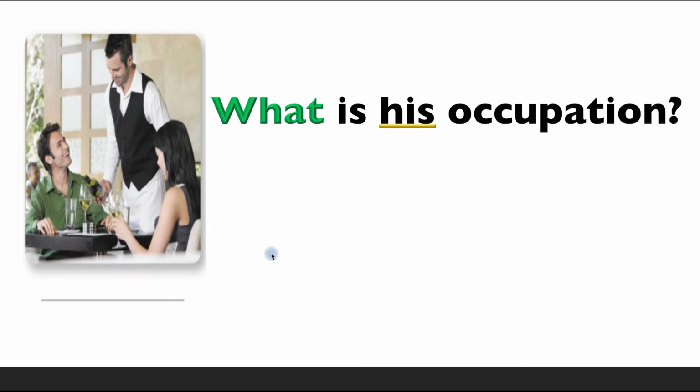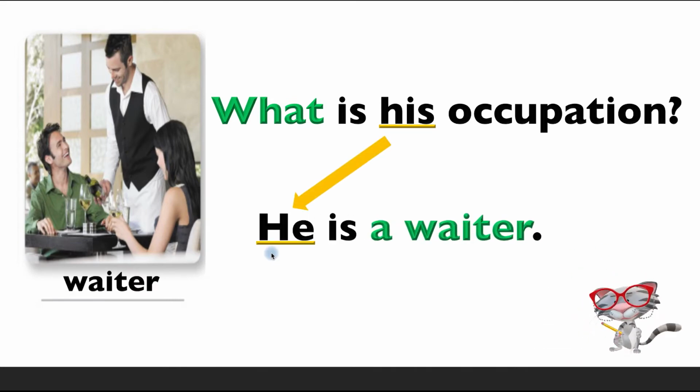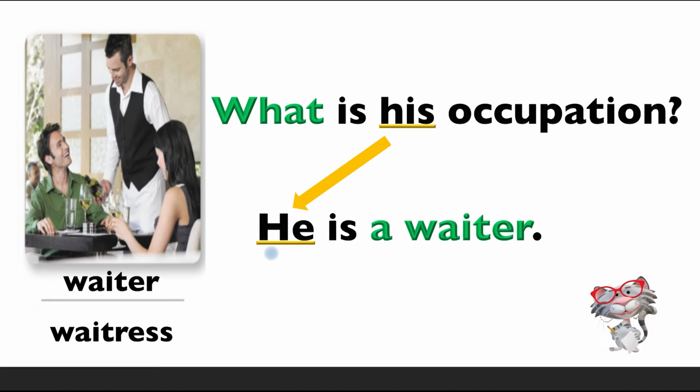Okay. He is a waiter. Now, waiter, if it's a she, would be waitress. You can have two here, waiter, waitress, like an actor and actress. Yeah, and if you look on page 53 in Speaking 1, you'll see Kate is a waitress. So we'll come to that shortly.